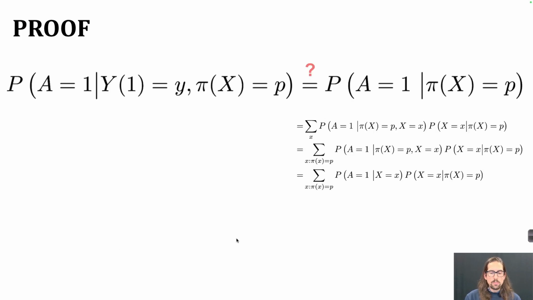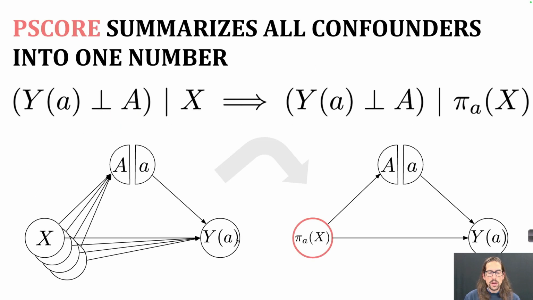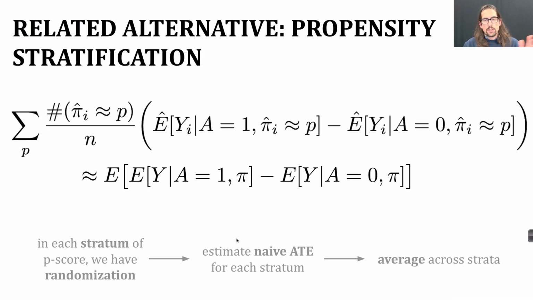So what we can do is we can split up our data into the different strata of propensity scores. So we can take all the people who have, that's what this notation means, all the people who have their propensity score about equal to 0.5 and group them all together. And then analyze that data with the naive estimator.